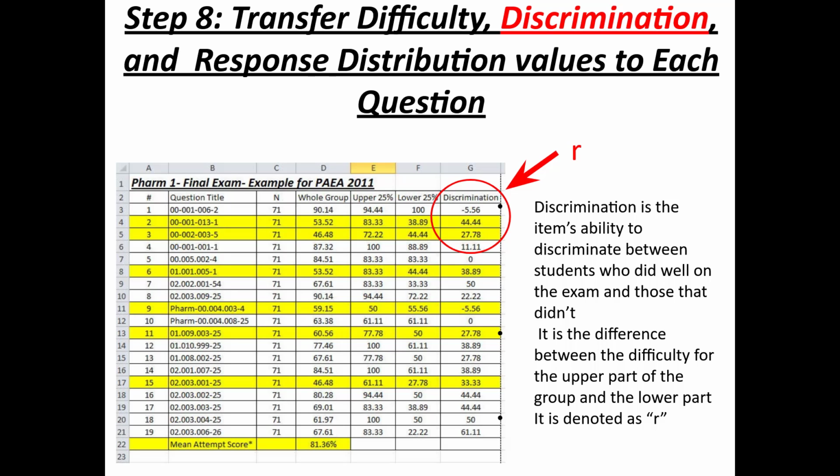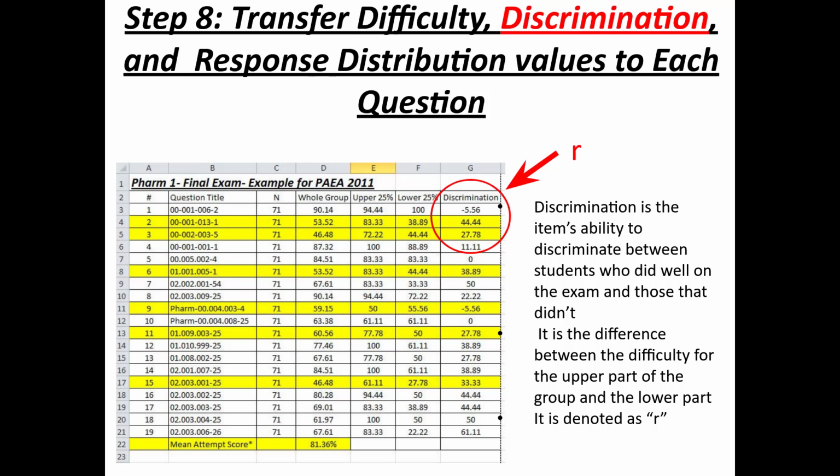The second thing we need to look at before we go on is that we're not only looking at the difficulty, you also want to look at the discrimination. The discrimination calculation tells you how well a question separates students: you would expect that the students who do more poorly on the exam would be more likely to get that question wrong than students who did better on the exam.